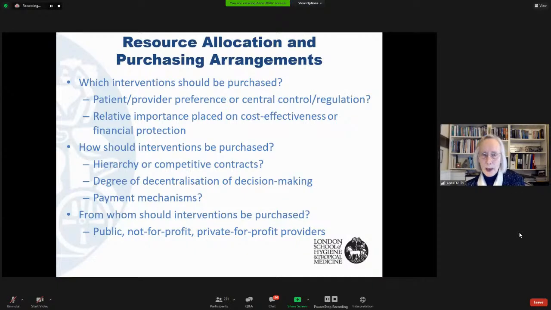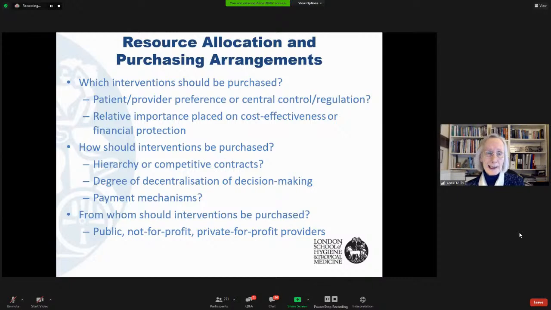There's then the second big question about how interventions should be purchased. Should countries have a management hierarchy that manages the service delivery, like a classic traditional Ministry of Health? Or should there be a purchaser-provider split with competitive contracts awarded? And similarly, how decentralized should decision-making be?